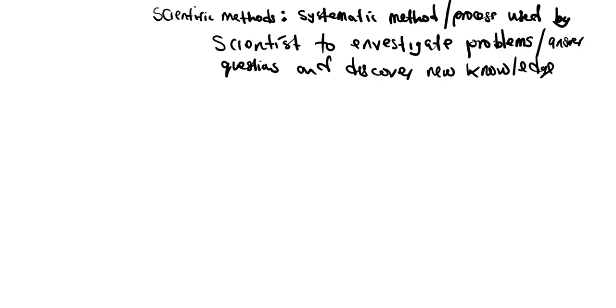You discover new knowledge because we have taken a systematic way of approaching that problem, and from it we are able to come up with some logic. What I'm trying to say is, it's a logical way of finding the truth using evidence.